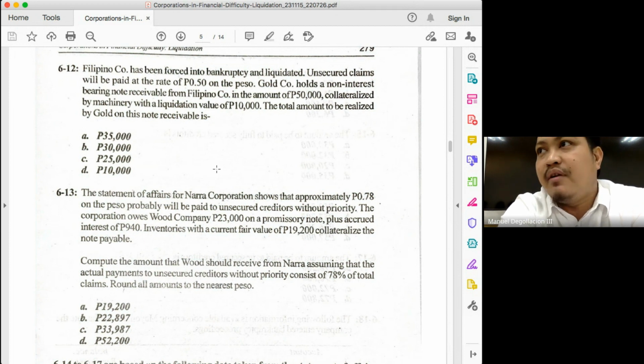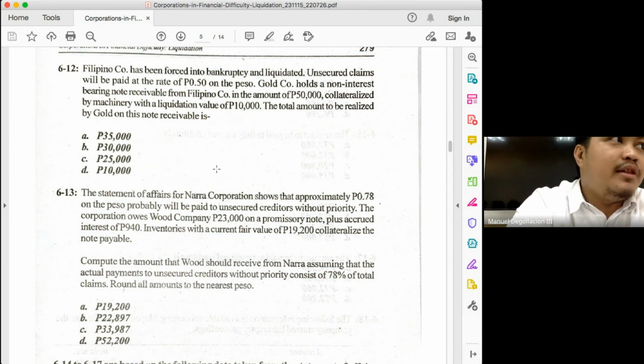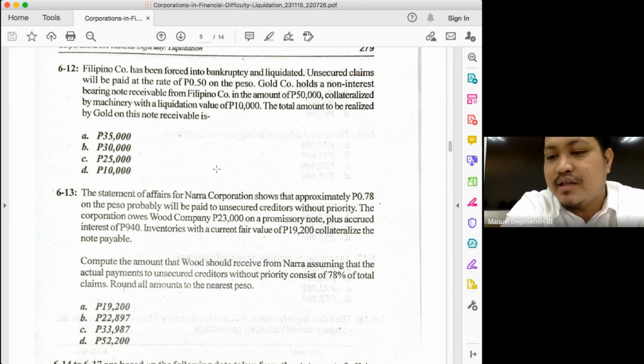And what is the recovery rate for your unsecured liabilities class? 78%. So out of the 4,740 unsecured portion, you will only be able to recover 78%. So how much will the creditor recover on the 4,740? You multiply that by 78%. How much will that give you, class?